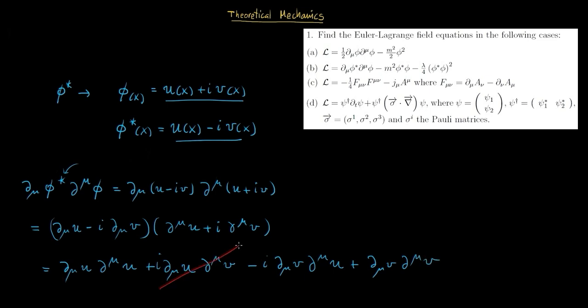This term cancels out this term, and finally we have partial mu u partial mu u plus partial mu v partial mu v.